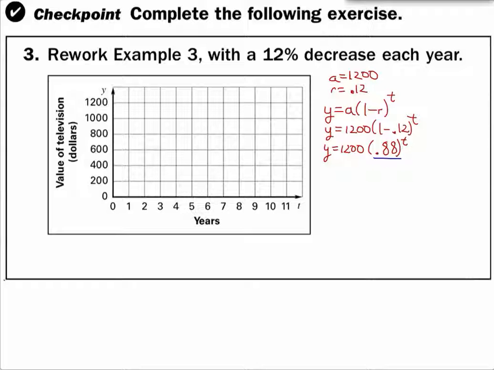And then, we plot some points. We have the point (0, 1200). And if you plug in 1, you get like 1056-ish, I think. So, boom. The t-axis is still the asymptote.